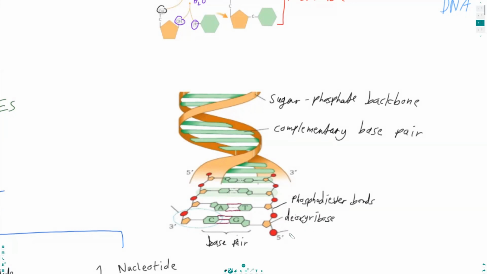And the phosphate here is the phosphate group. And here we have one base. Together, these three make up one nucleotide. So what I'm drawing the circle around now is one nucleotide.